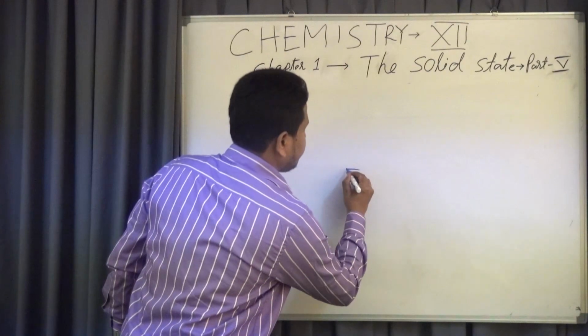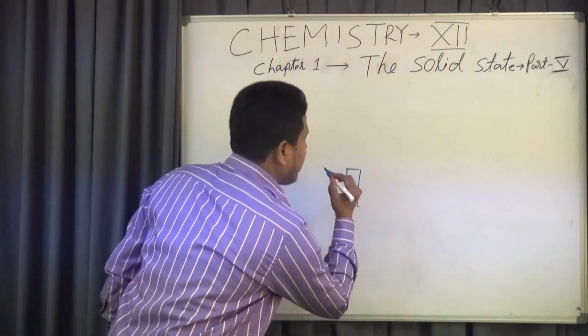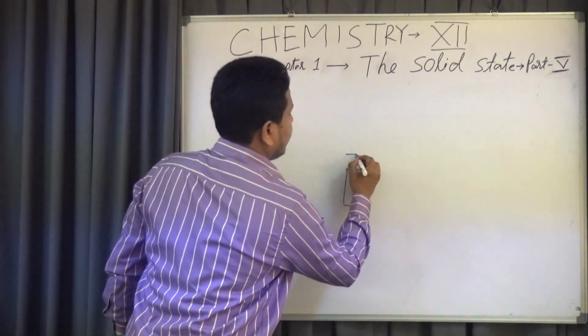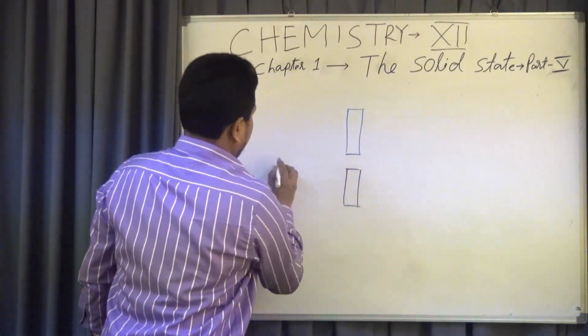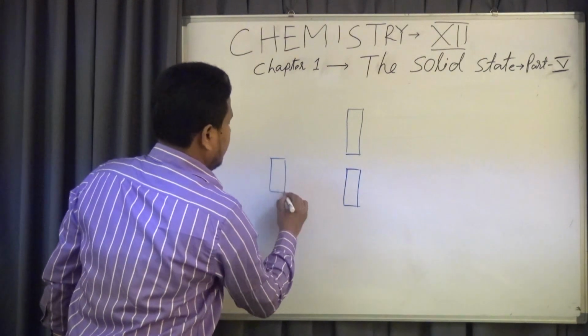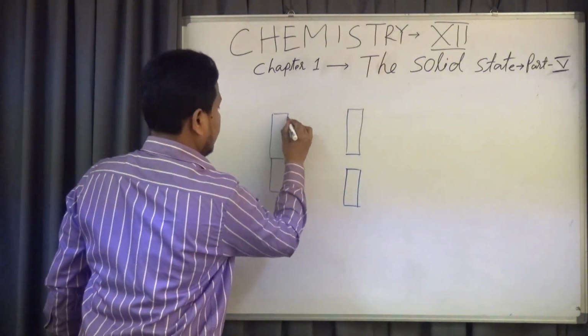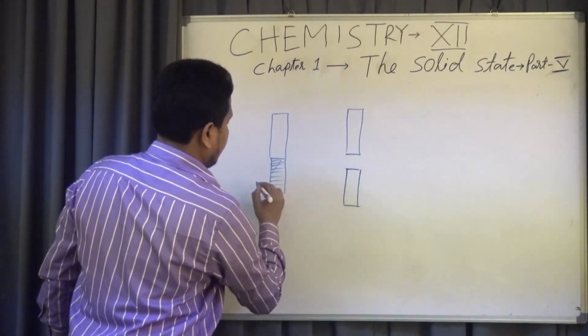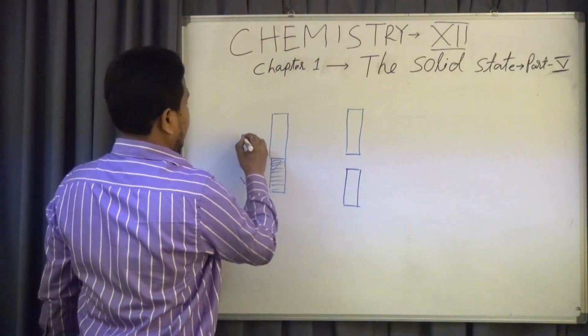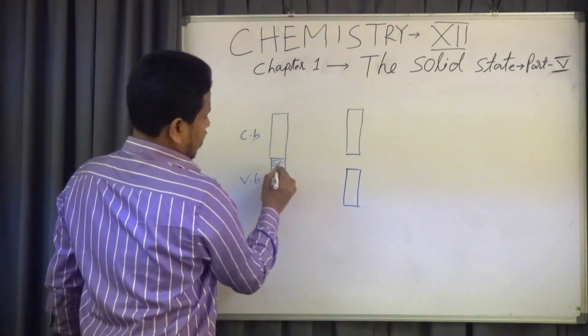Let this be the electron occupying band, the valence band. In metal, it is the electron occupying band, the valence band, and this is the conduction band.